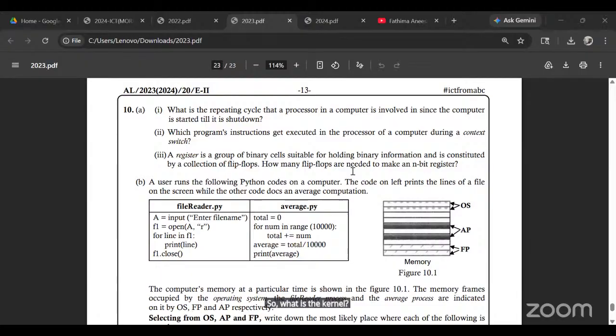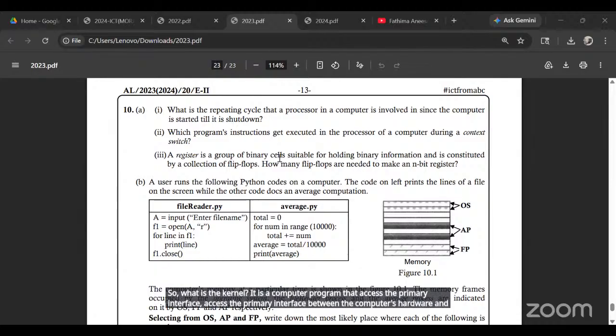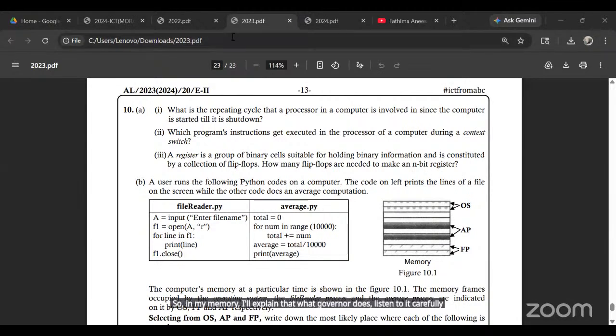It is a computer program that acts as the primary interface between the computer's hardware and its processes. So it stays in the computer's memory, the RAM, the entire time the computer is on. I'll explain what the kernel does. Listen to it carefully. They could test a theory question on it.